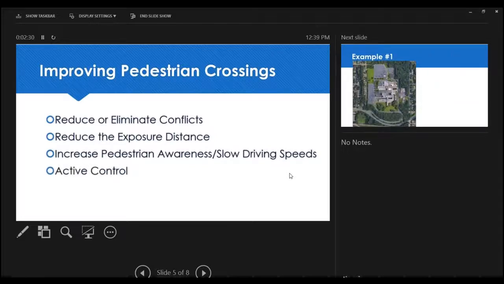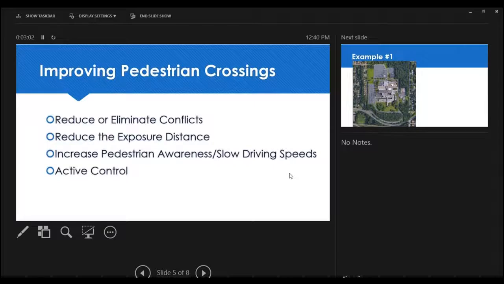And then lastly, the fourth thing we try to remember to look at is active control. I talked about static signs with nobody around not being very effective, but actually having different beacon systems, the rapid flashing beacons or the old school pedestrian flashers, and having them either be push button activated or, better yet, have sensors on them that are actuated by the pedestrians as they come up.